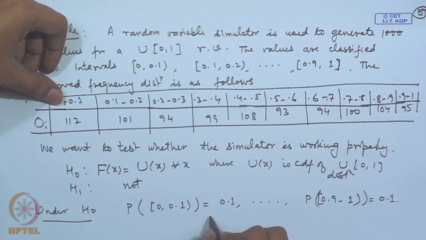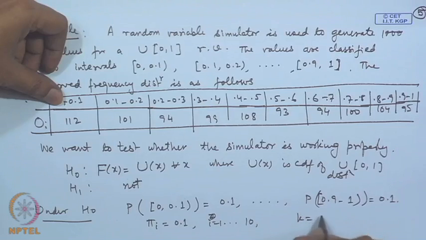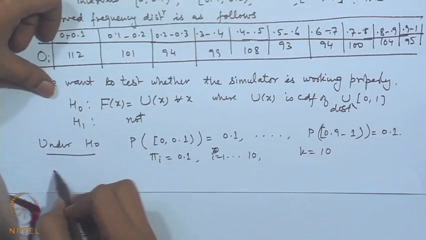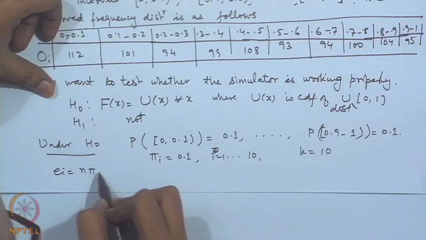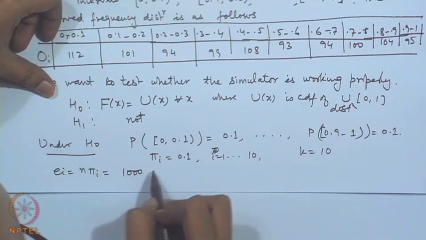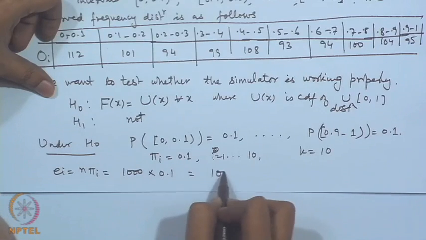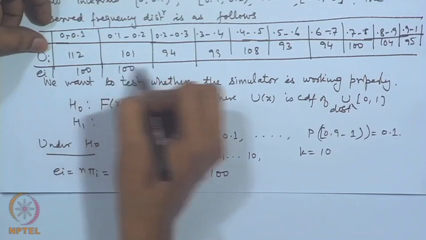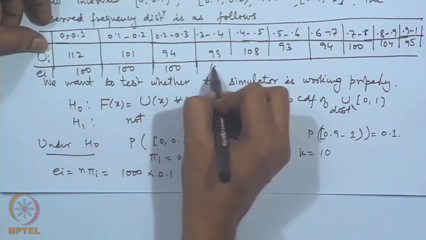That is, these are my pi i's. So, pi i's are 0.1 for i equal to 1 to 10, that is k is equal to 10. We are having 10 classes here. Now, Ei is equal to n pii, that is 1000 times 0.1, that is equal to 100. That means for each class Ei is 100.